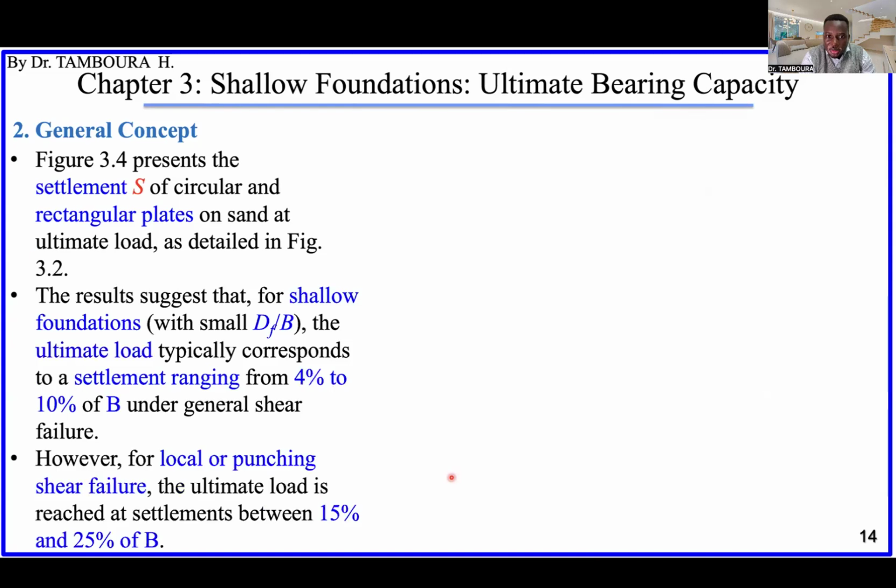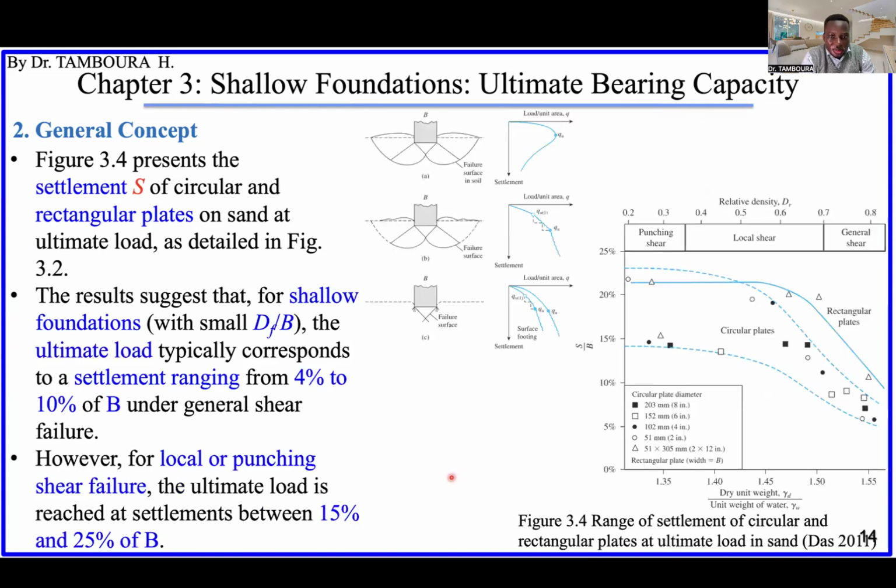Okay, this figure is presenting settlement of circular and rectangular plate on sand at ultimate load. Okay, the settlement S bar B. This means the settlement was normalized by the footing width, the larger of the footing. Okay, and here we have relative density.